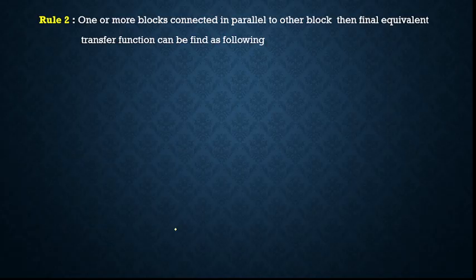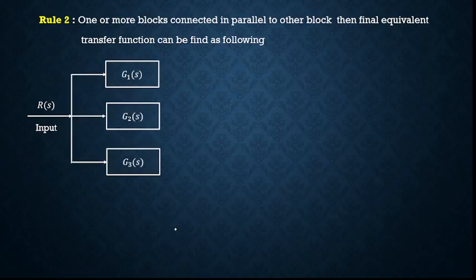Now rule number 2 is when the blocks are connected in parallel. One input is given to three different systems, G1 of S, G2 of S and G3 of S. There can be n number of such systems where this same input will be given.